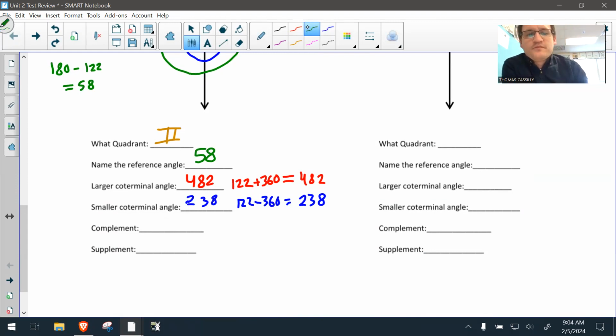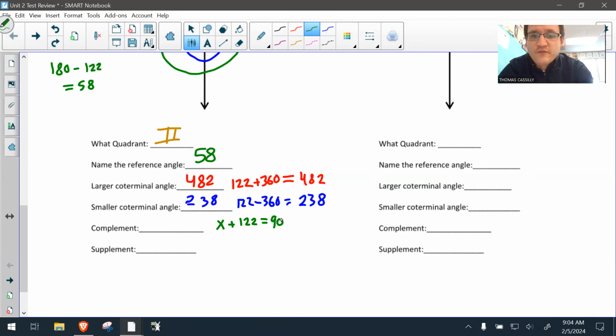Now the complement. Complementary angles are two angles that add up to 90 degrees. So let's think of it like this. I have some angle, I don't know what that angle is, so I'm just going to call it X. X plus the original angle that I had, which in this case was 122. If I add those two things together, I need to get 90 degrees.